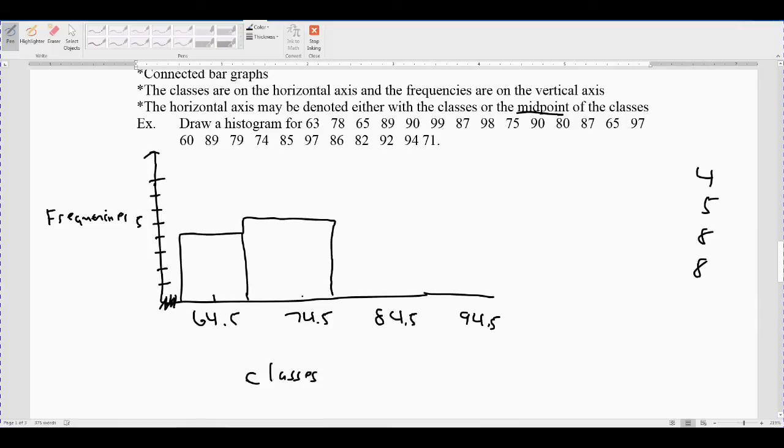And we're using the midpoint. Next one is 8. So let's take this side and extend it up to 8. And the last one is 8 also. So let's just keep it there. Make our connected bar graphs using the midpoints. That's not so bad.